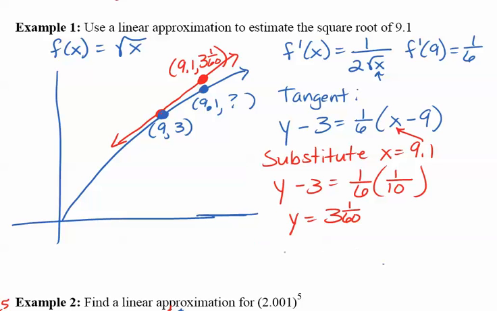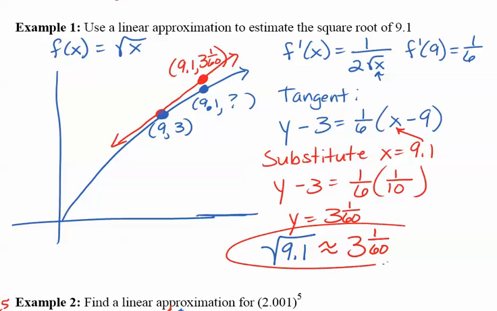So to clarify what we've just found, in order to avoid doing the square root of 9.1, I'm approximating it with the red point on the tangent line. So the y-coordinate of the tangent line is a nice approximation. And then remember, because our function was concave down, visually it's very easy to see why our approximation is an overestimate.